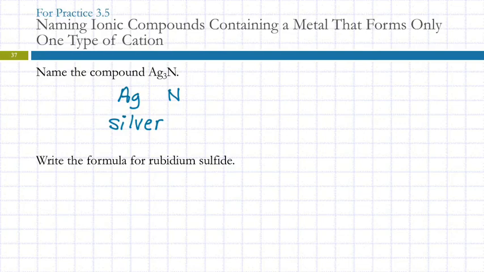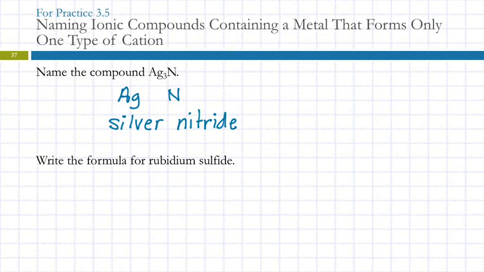And then N, nitrogen, becomes what? Nitride. So nitrogen becomes nitride. And that's the name. I don't do anything with that 3. I don't need to. We just name the cation, we name the anion.